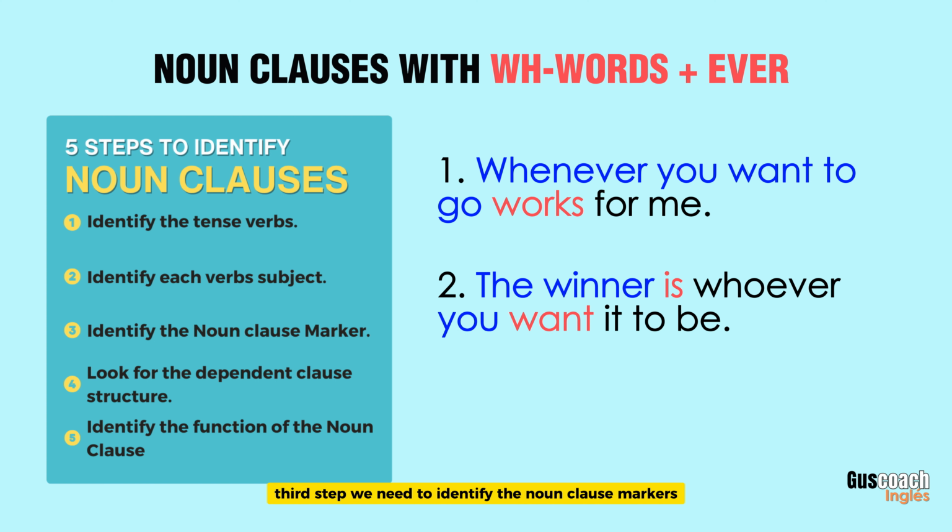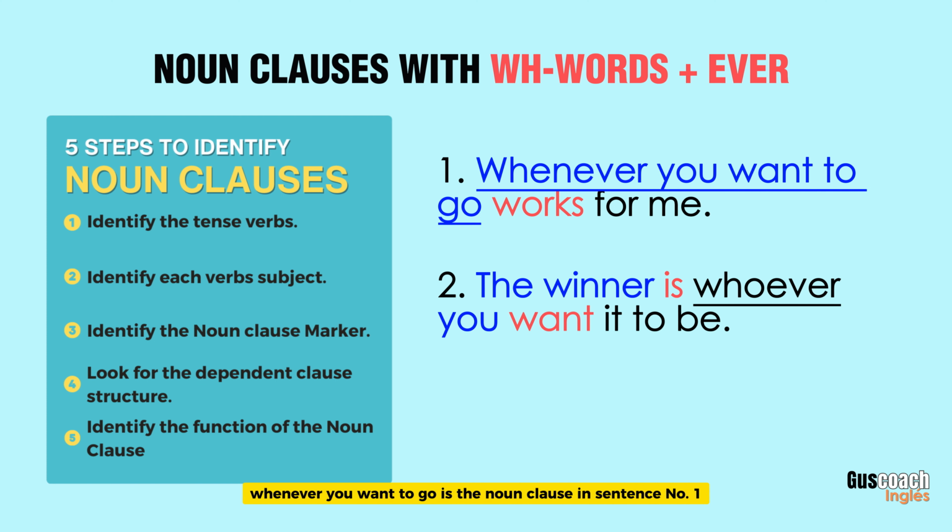Third step, we need to identify the noun clause markers. Okay, in sentence number 1, we have whenever, whereas in sentence number 2, we have whoever. Step number 4, apply the noun clause structure to each one of the dependent clauses.